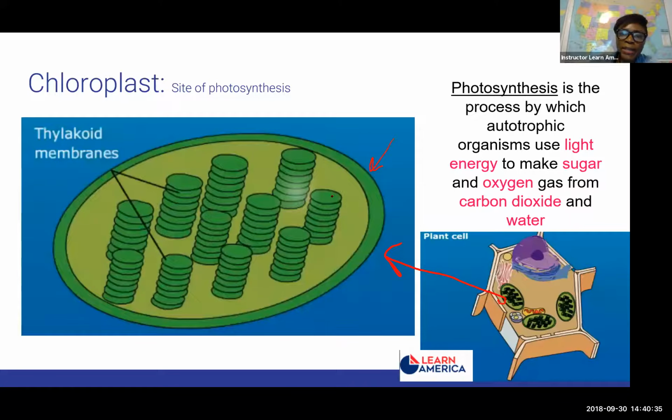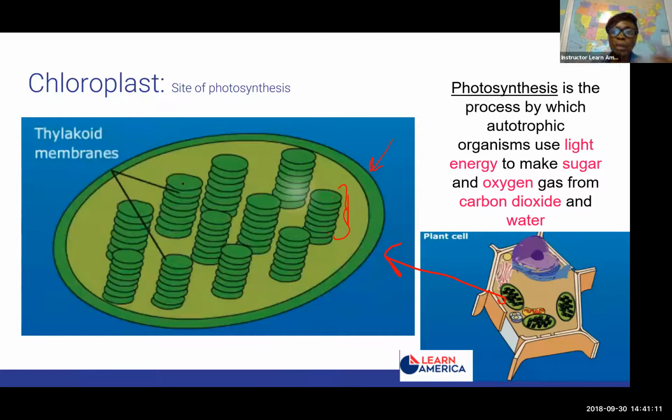Inside of the chloroplast, you have these stacks, which are referred to as a grana. Each pancake in this grana is referred to as a thylakoid. So we're going to see that photosynthesis occurs in the chloroplast. Photosynthesis is the process by which autotrophs, organisms that are able to produce their own food, such as glucose and sugar.